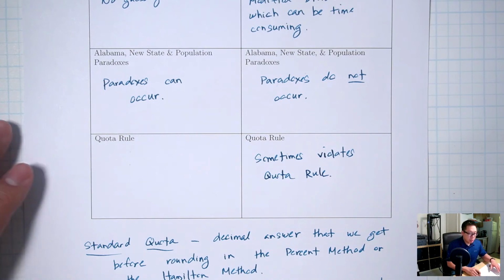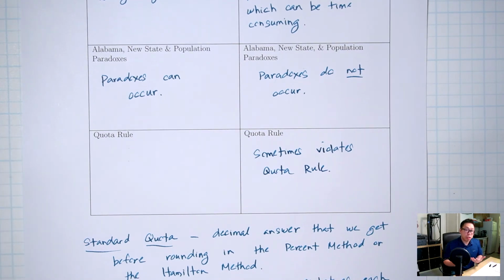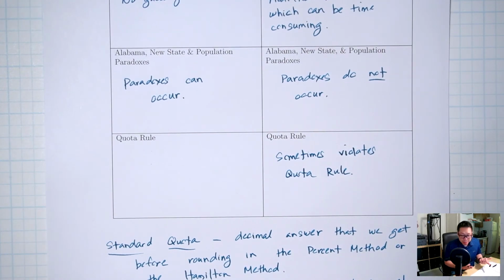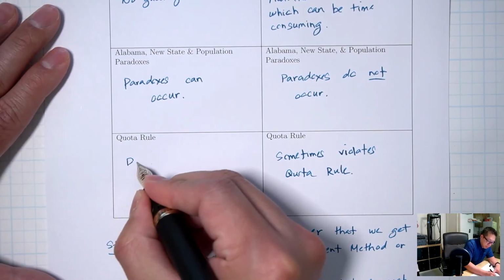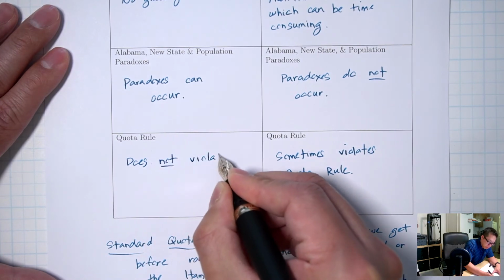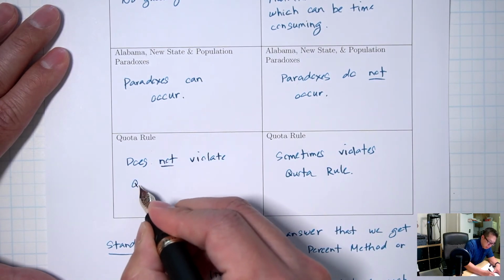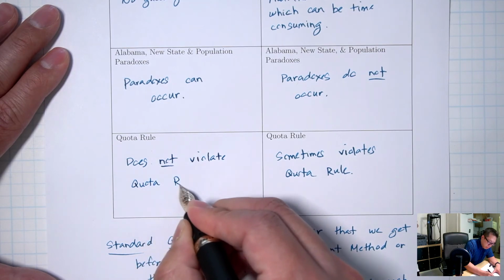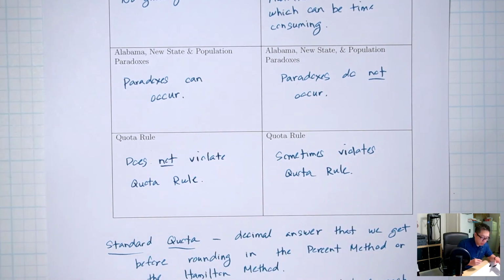So sometimes you end up with a state that gets more representatives than they deserve. Now, Hamilton method, on the other hand, does not violate the quota rule. So neither method is perfect.